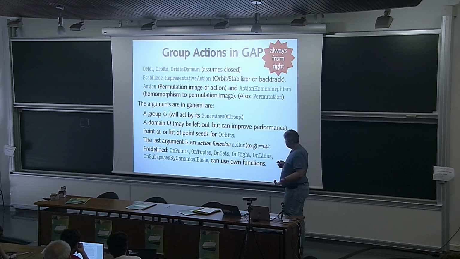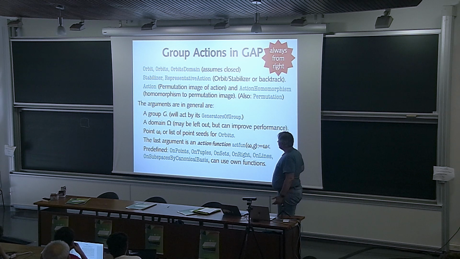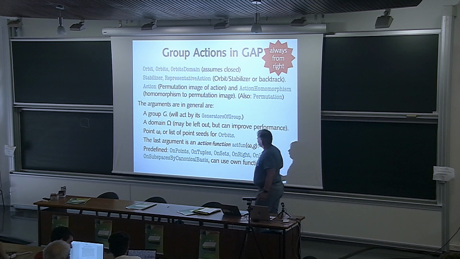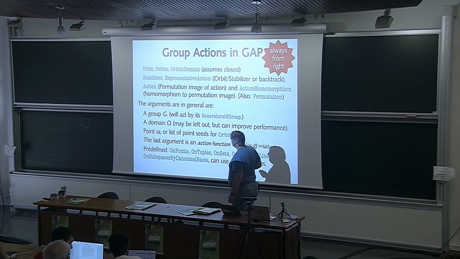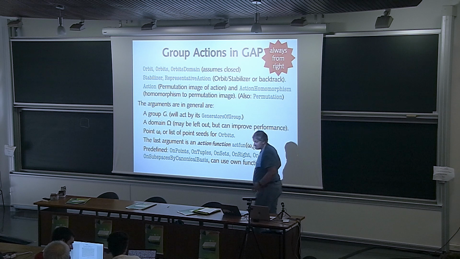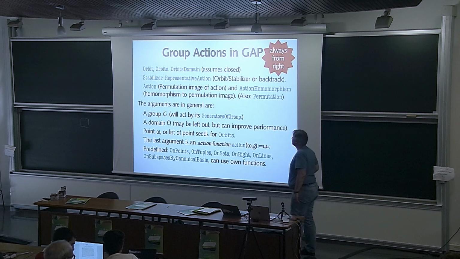The commands are Orbit, which takes the orbit of a point, and Orbits, all orbits on a domain. There are these two functions, Orbits and OrbitsDomain. Orbits takes elements possibly as seeds, but does not assume that the set given is closed under the action. OrbitsDomain does assume this and then works faster.